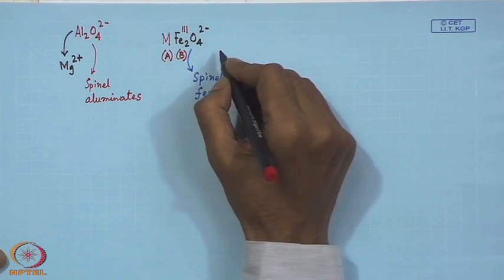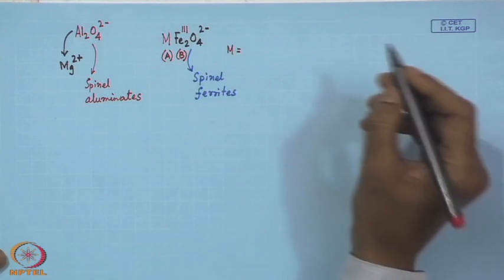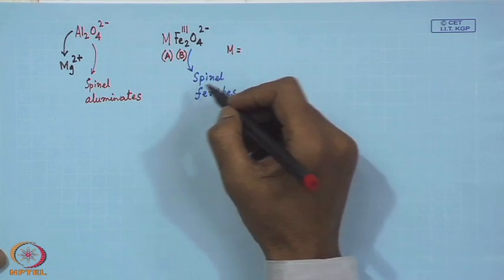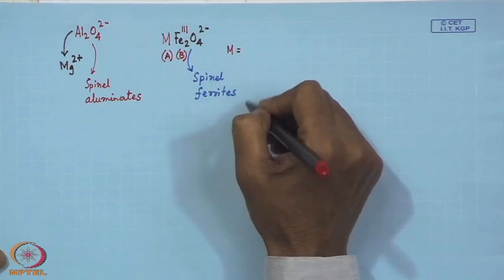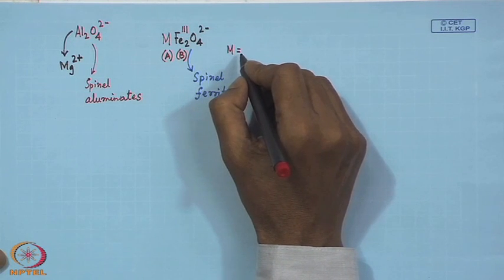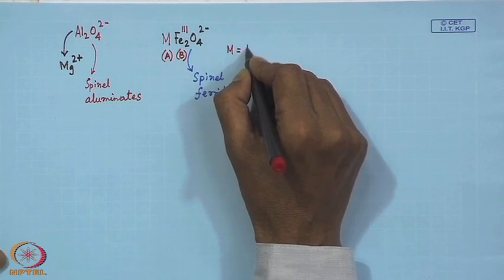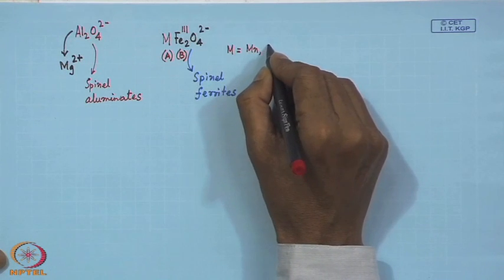Luckily we can have all sorts of M, that means different M can be utilized for these spinel ferrites, because they also have very useful applications. M can be manganese, so the first transition series can be utilized for that.